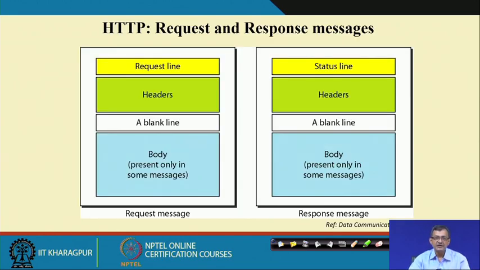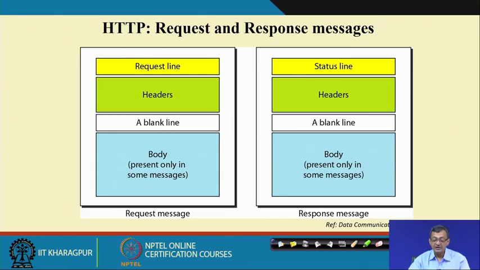So, HTTP request response messages. Again this is a very standard format. We have a request line, a set of headers, a blank line and the body. It may be possible that the body is not always present in the message.